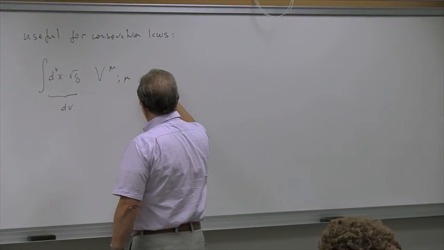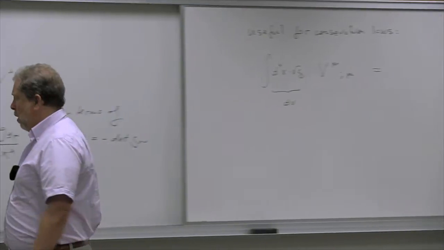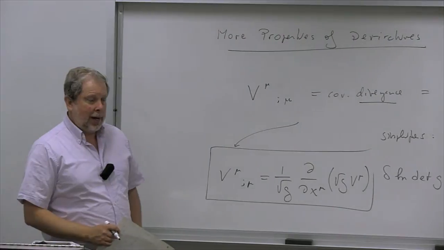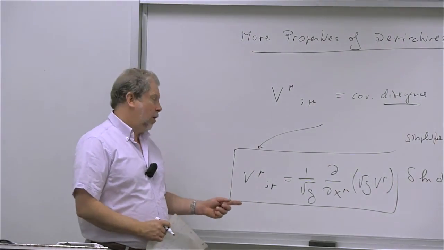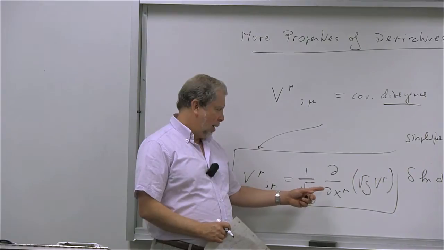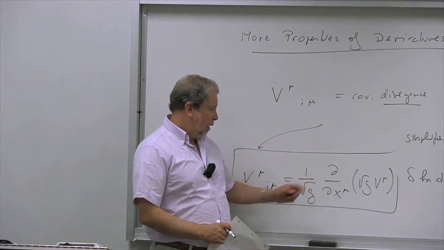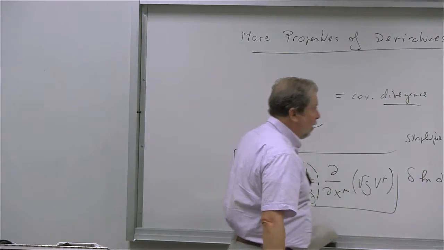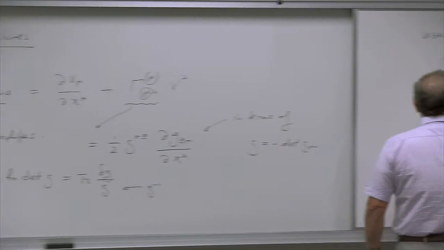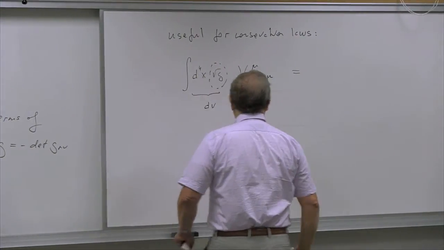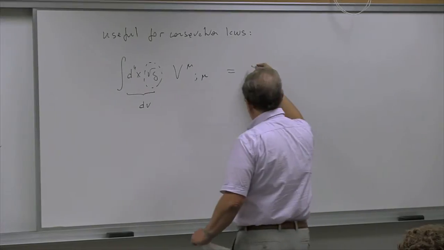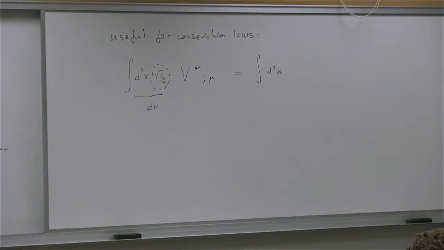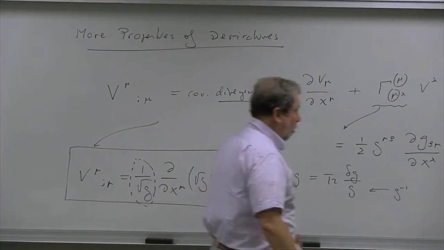The reason this result is useful is because normally you would have trouble writing this as a boundary term, as something that depends on the fields at infinity. But that is not the case here, because this root g is kind enough to cancel out this term, and so this can be written as just the integral in d4x, where the only remnant is d by dx mu of root g v mu.